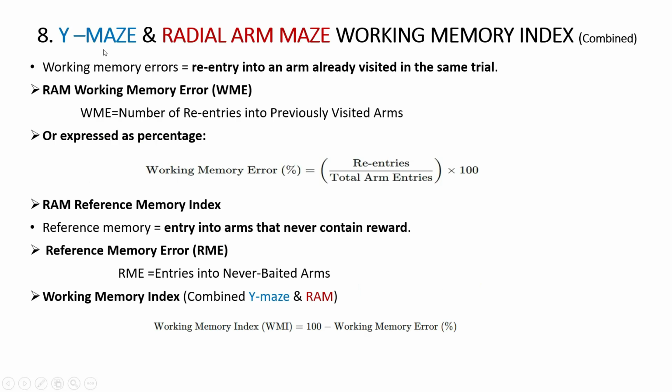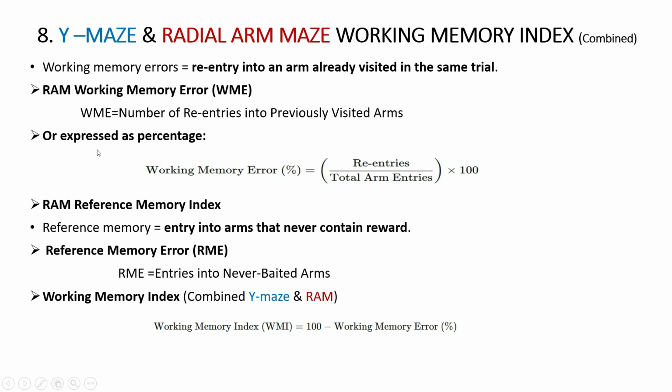In some protocols, the Y maze and radial maze working memory index are reported combined. Let us see how to calculate working memory index by error. Working memory error equals re-entry into an arm already visited in the same trial. This may apply to the Y maze also, and for radial maze working memory error equals the number of re-entries into previously visited arms.